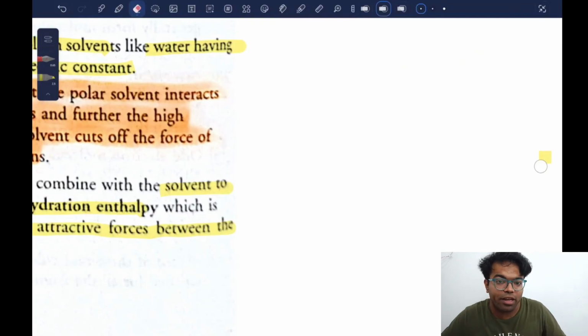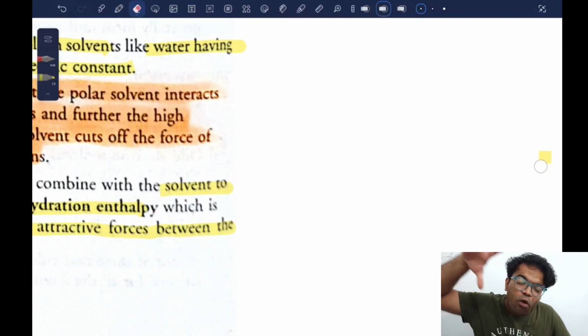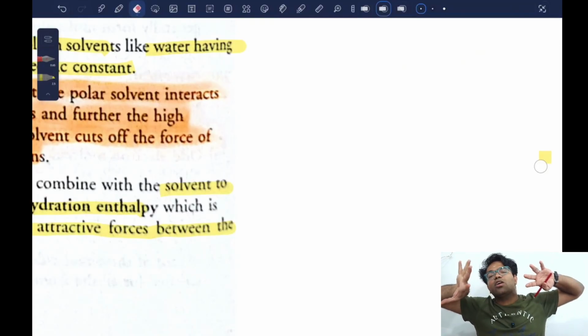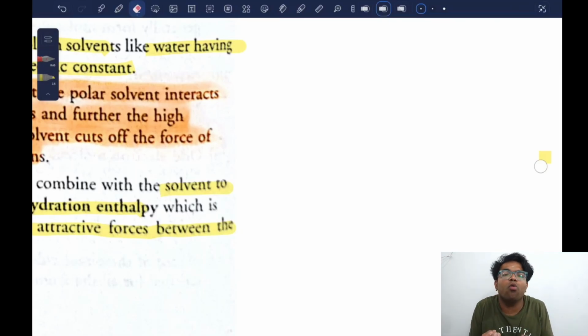Okay, if you evaporate all the water from the sodium chloride solution, sodium and chlorine will come back. But when water is present, the sodium and the chlorine can travel freely, all over the water.